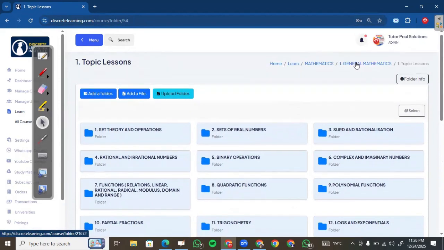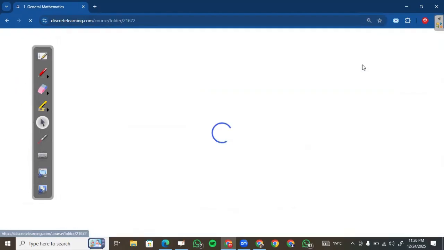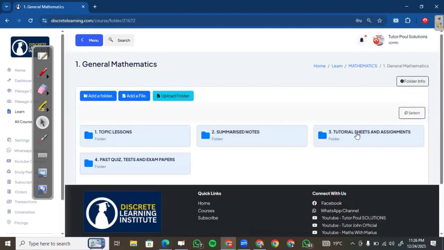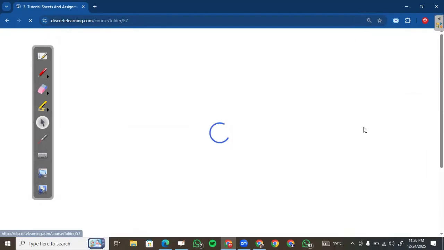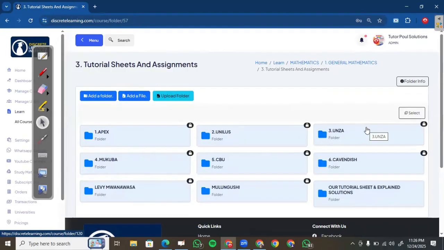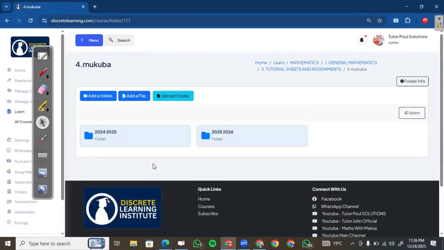As well, when you go to the tutorial sheet, let me show you. It will depend on the university where you are. If you are from CBU, go to the folder for CBU. If you are from Mukua, go to the folder for Mukua. In fact, you won't even be able to see the other folders, you just see the folders for your university. Then this recent intake is 2025-2026.